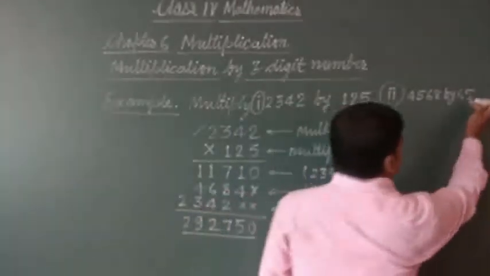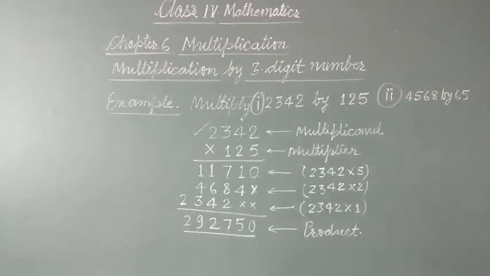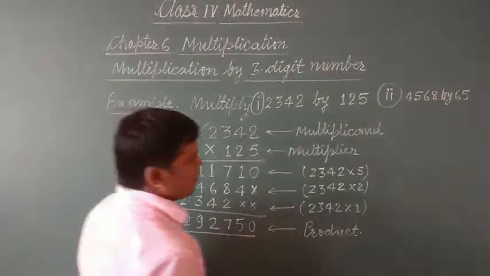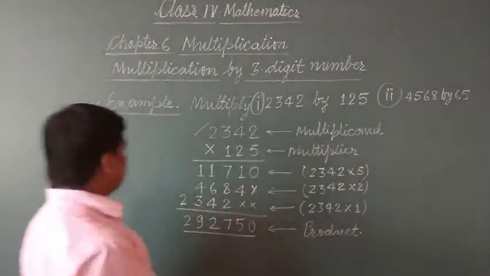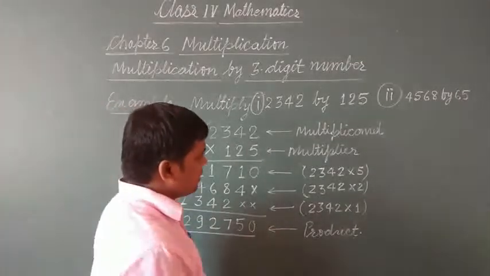4568 by 65. So this multiplication I am writing by erasing these ones.